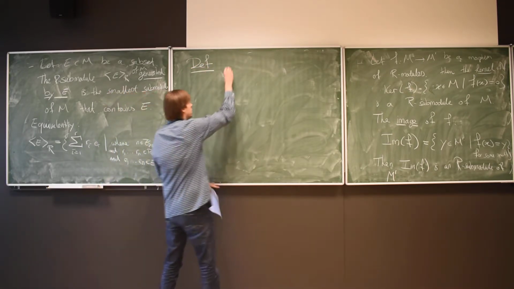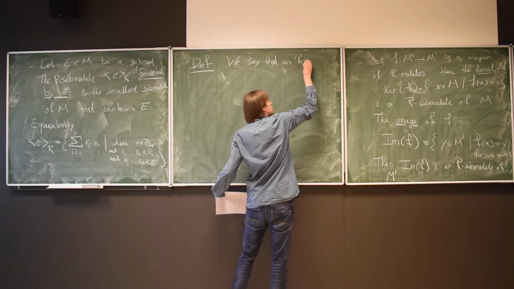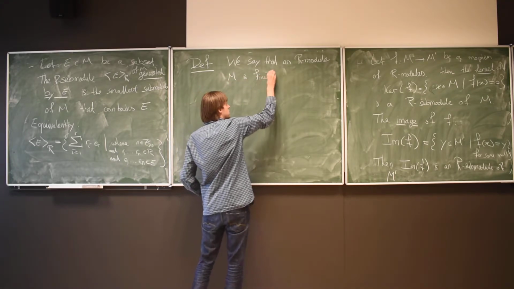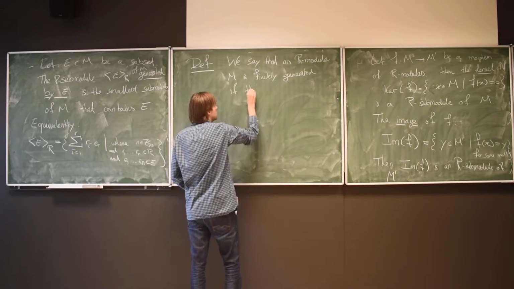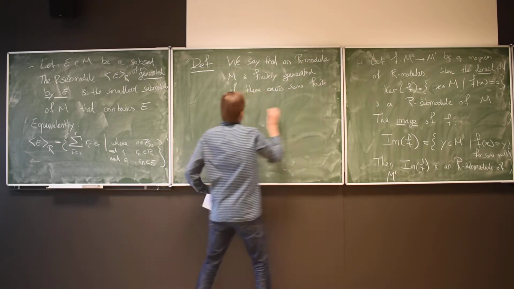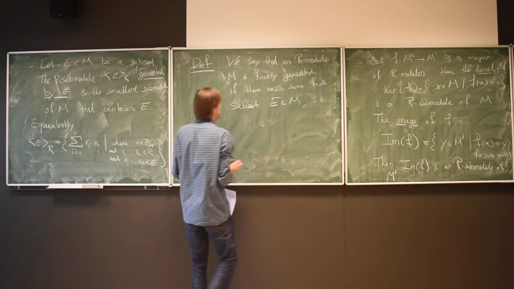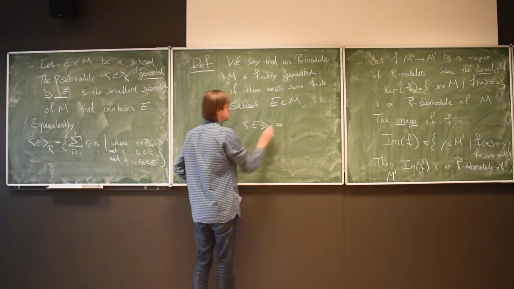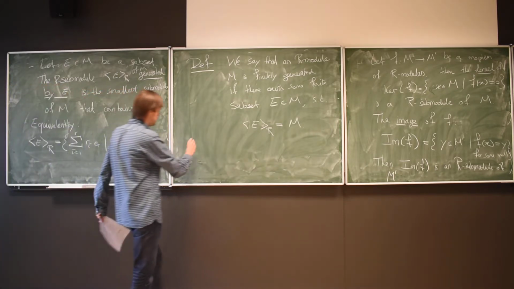So definition, we say that an R module M is finitely generated if there exists some finite subset E in M such that the submodule generated by E is equal to M. Okay, so some examples.